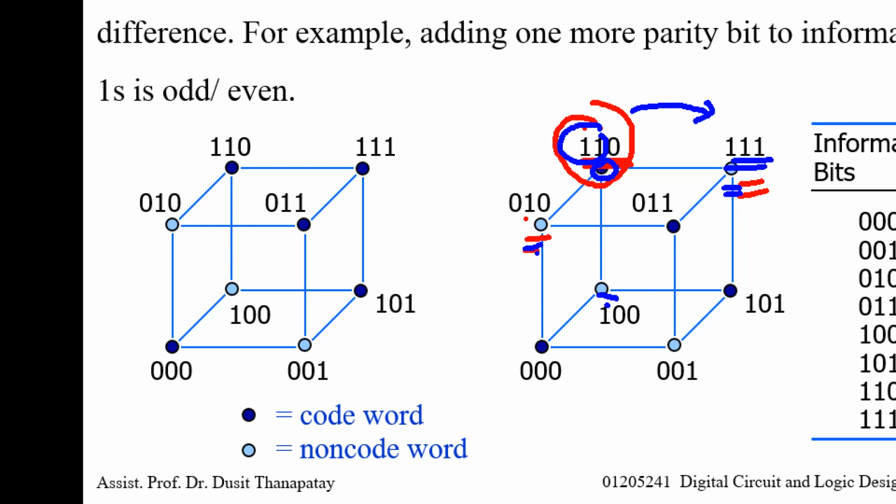That means if your system, the transmitter and receiver, has an agreement that you only use an even number of digit 1s to represent something, then if the receiver receives an odd number of digit 1s, some error occurred.